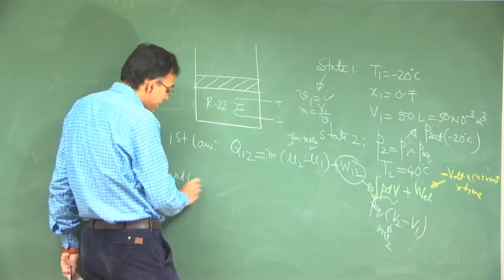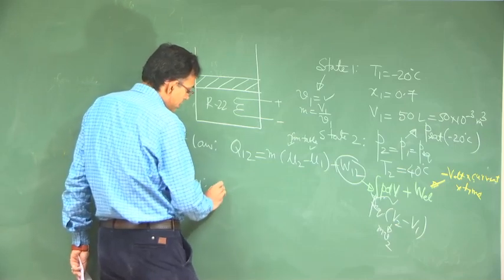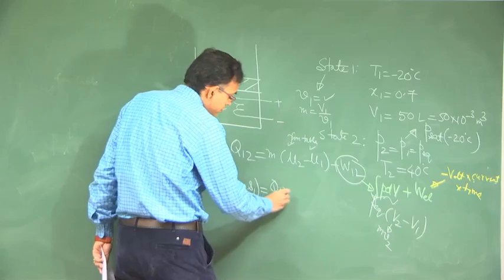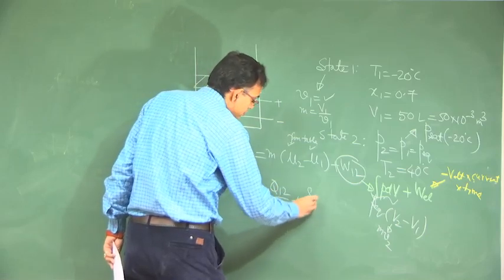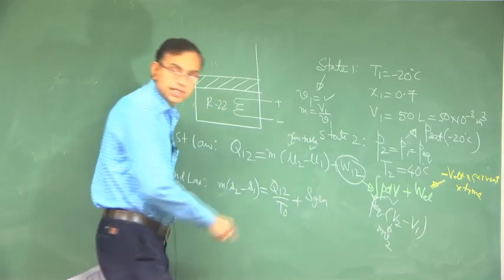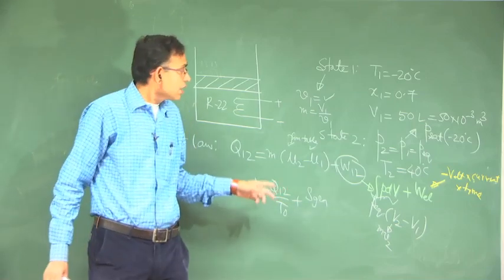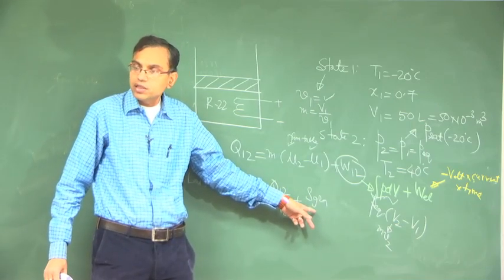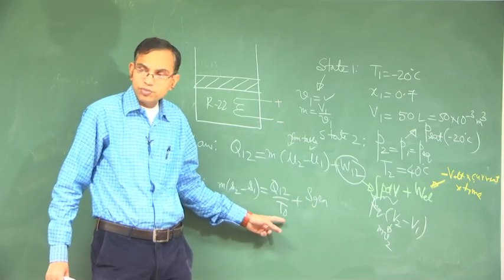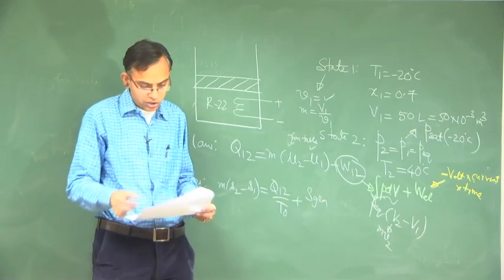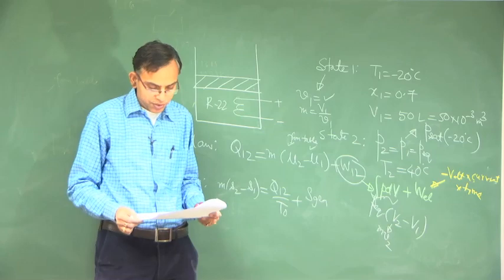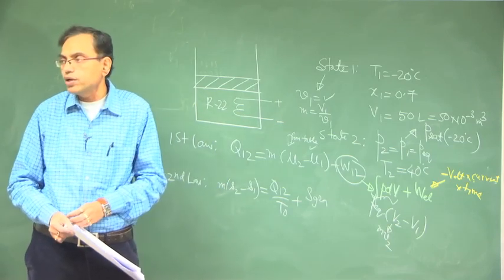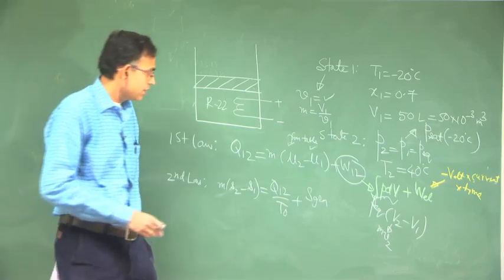Then the only step is second law. So, m into S2 minus S1. I am straight away writing T0, because if you want to calculate the total entropy generation due to heat transfer plus internal process, then T has to be T0, and here also T0 just like the previous problem, it is 20 degree centigrade, that is 273.15 plus 20 Kelvin.